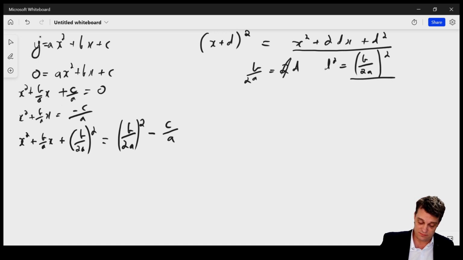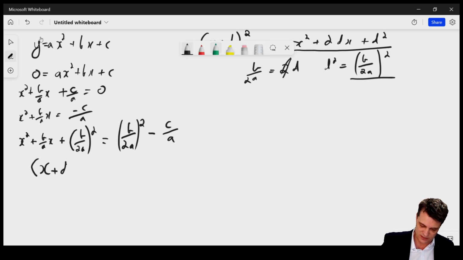Now, if you have a look at this side, we have an equation in the form x squared plus 2dx plus d squared, which therefore means we can simplify that down to x plus d, but we know what d is, so let's not write d.